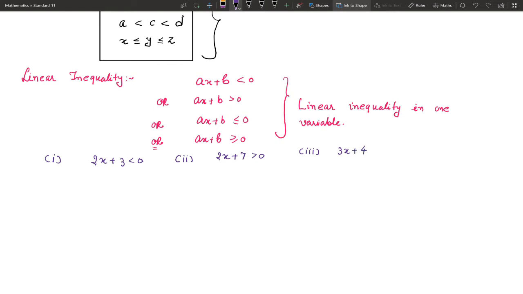Third, 3x plus 4 less than or equal to 0. Fourth one, 4x plus 5 greater than or equal to 0.